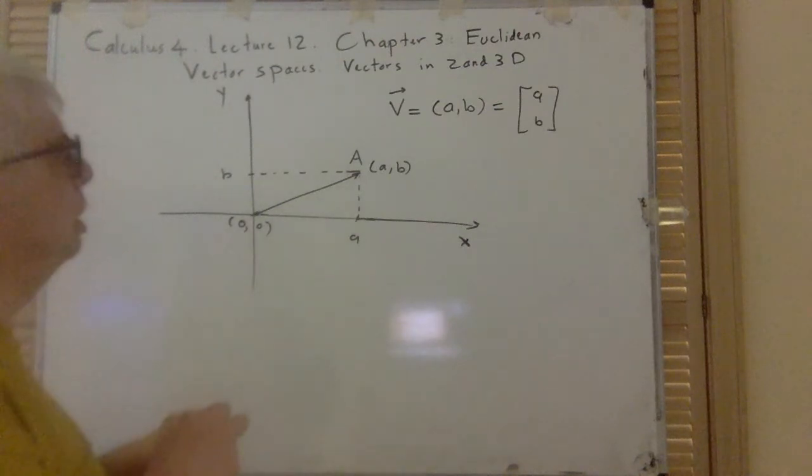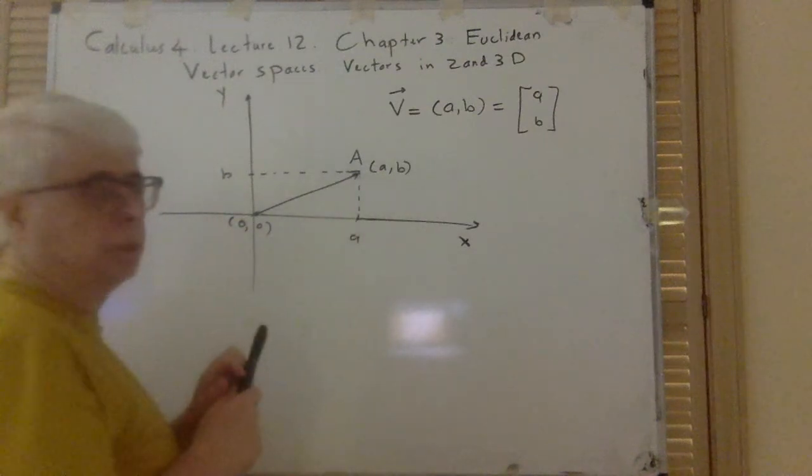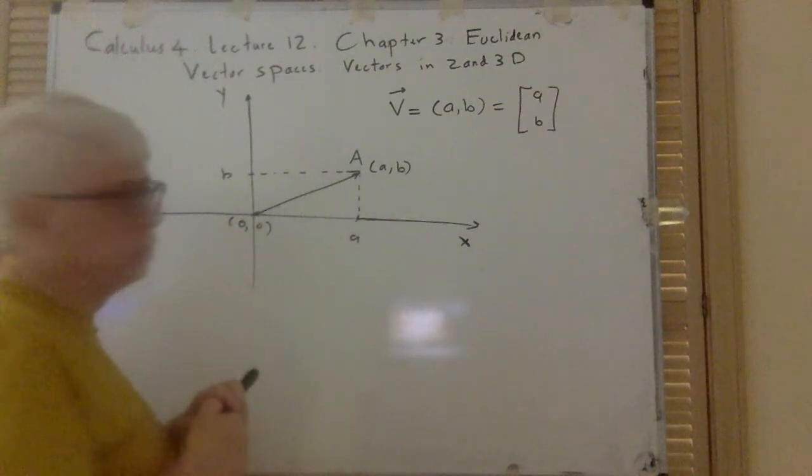What I'm trying to say is that we do not distinguish between this point and this vector.